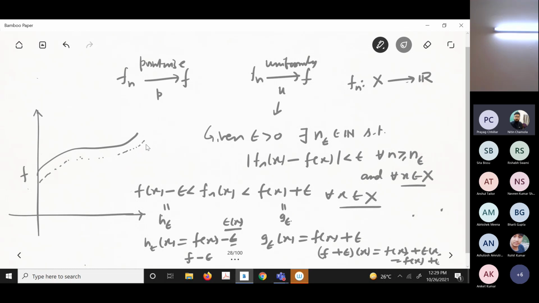So this is your f minus epsilon. And this is f plus epsilon. Now look here, what I am getting actually.